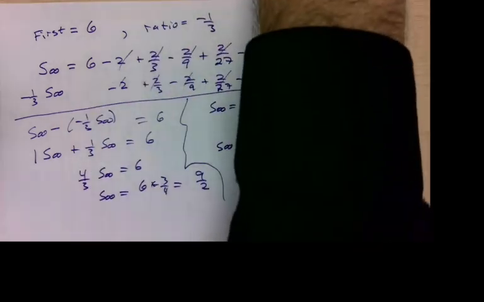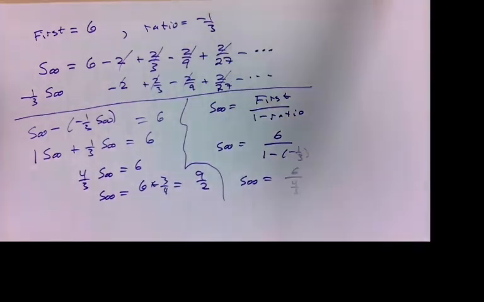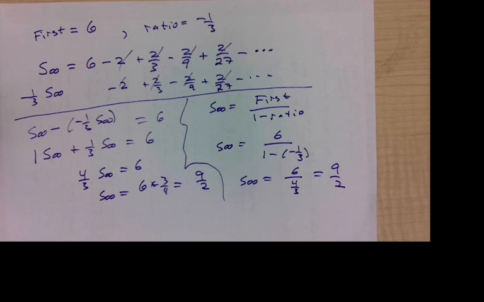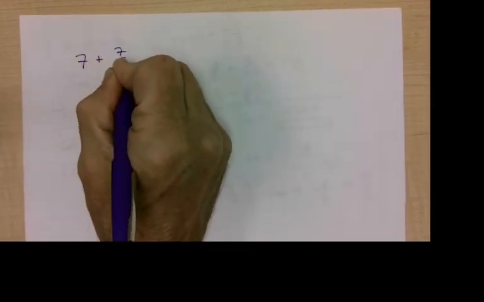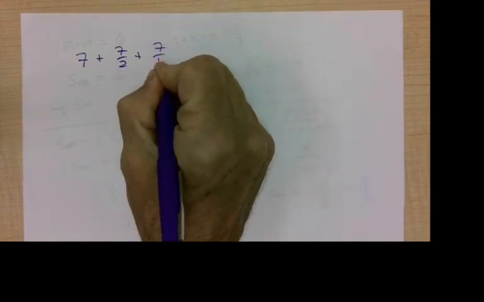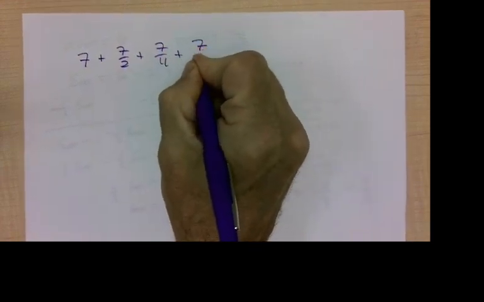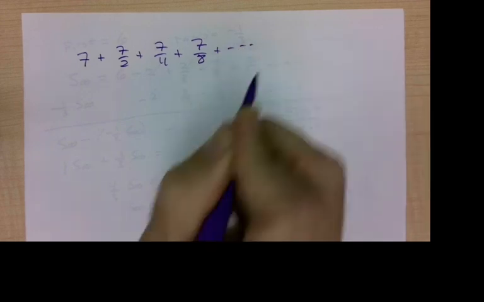Let me quickly do one more in that vein, just using the quick formula this time. So if I want to do 7 plus 7/2 plus 7/4 plus 7/8 plus and so on, which we will write how?